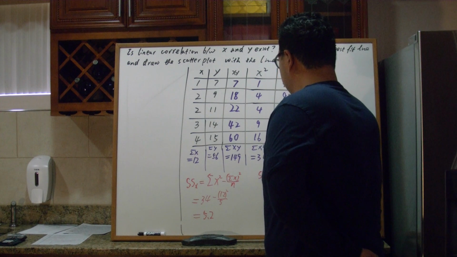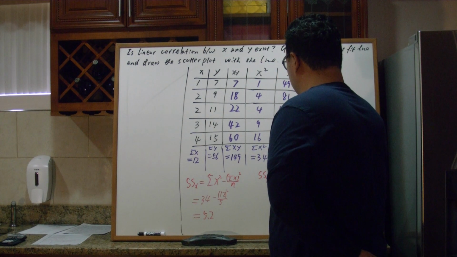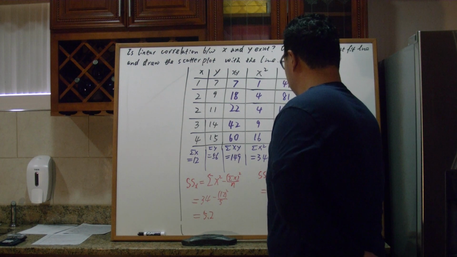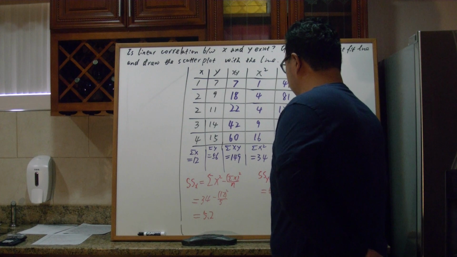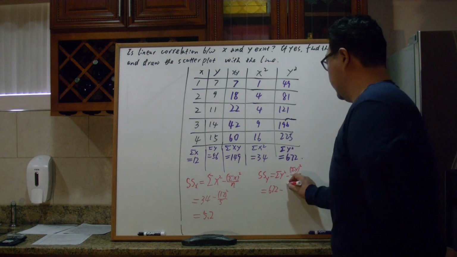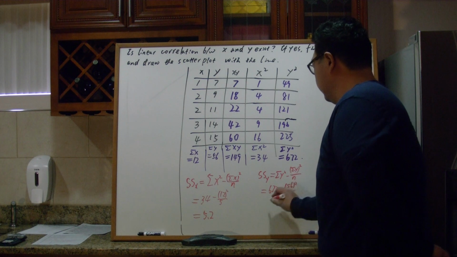SSY, the same way, is the sum of y squared minus the square of the sum of y over n. The sum of y squared we found is 672, and the sum of y is 56, divided by 5.